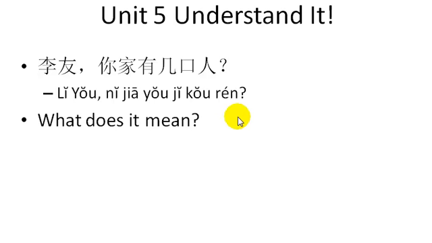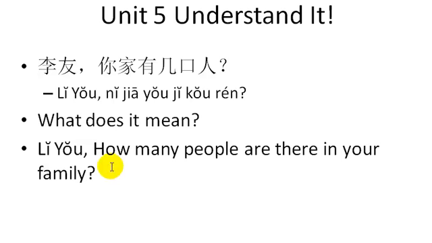Now Bai Ying Ai asks the same question of Leo. Leo, 你家有几口人? So you just learned this a few slides back. Do you remember what it means? Leo, how many people are there in your family?